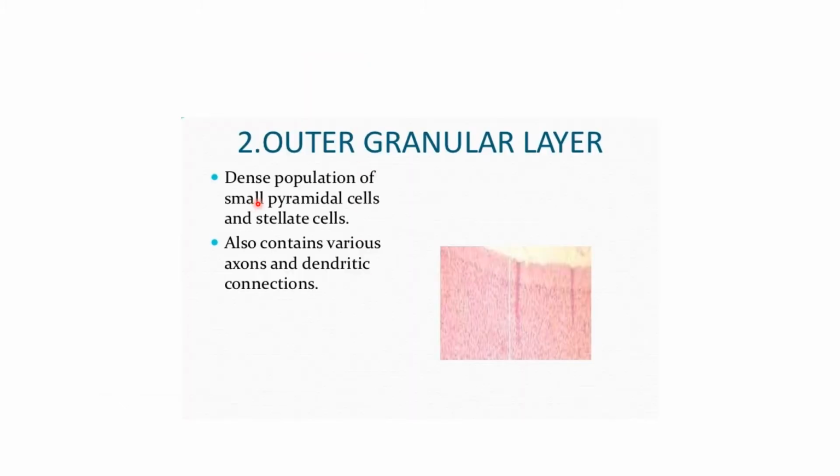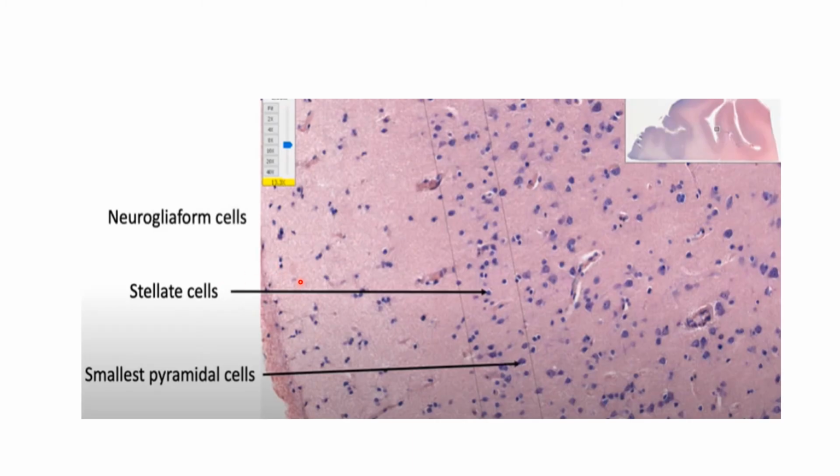In the outer granular layer, you have seen a dense population of small pyramidal cells and stellate cells, and it also contains axodendritic synapses. So next, what are the components of the inner granular layer?